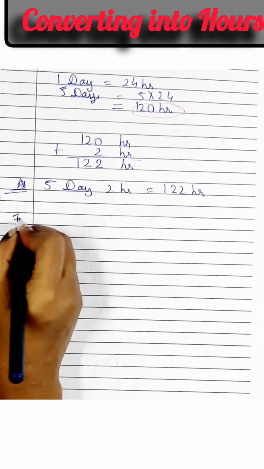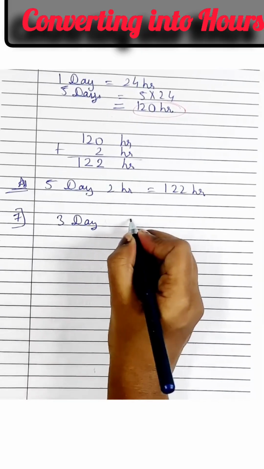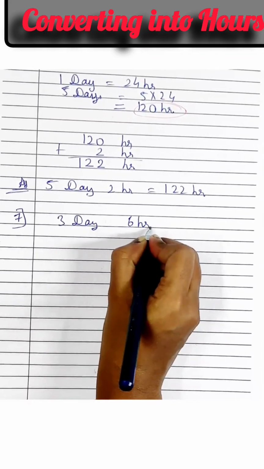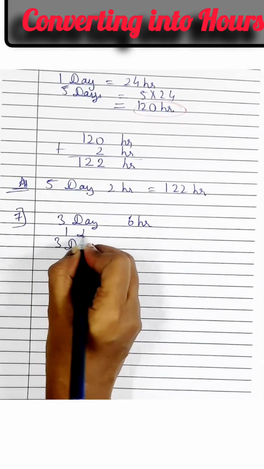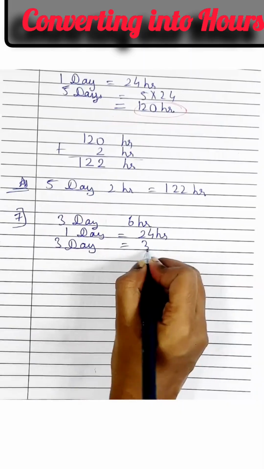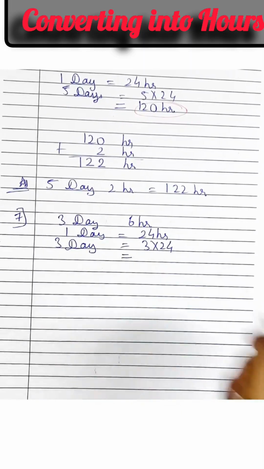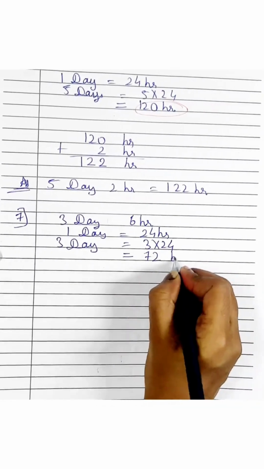Let us do one last sum. 3 days, 6 hours. Let us convert our days into hours. One day is equal to 24 hours. So 3 days will be 3 multiplied by 24, which will give you 72 hours.